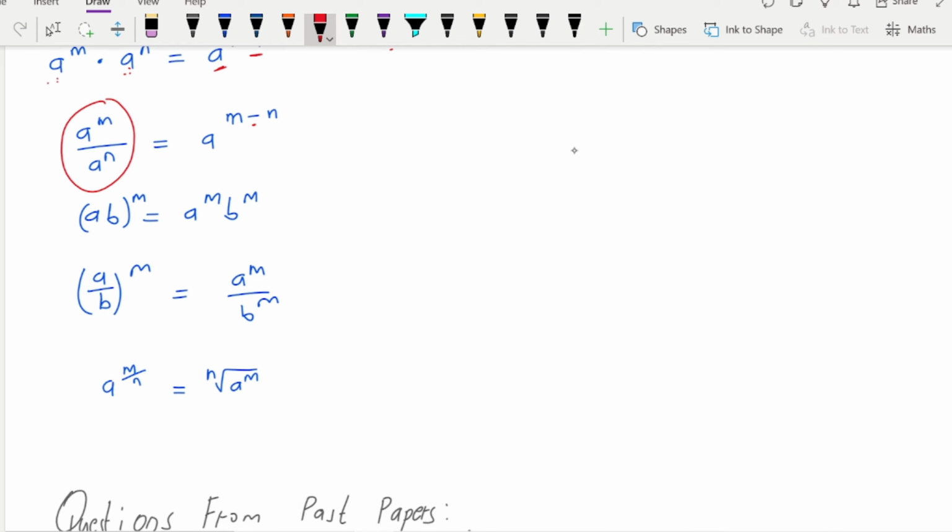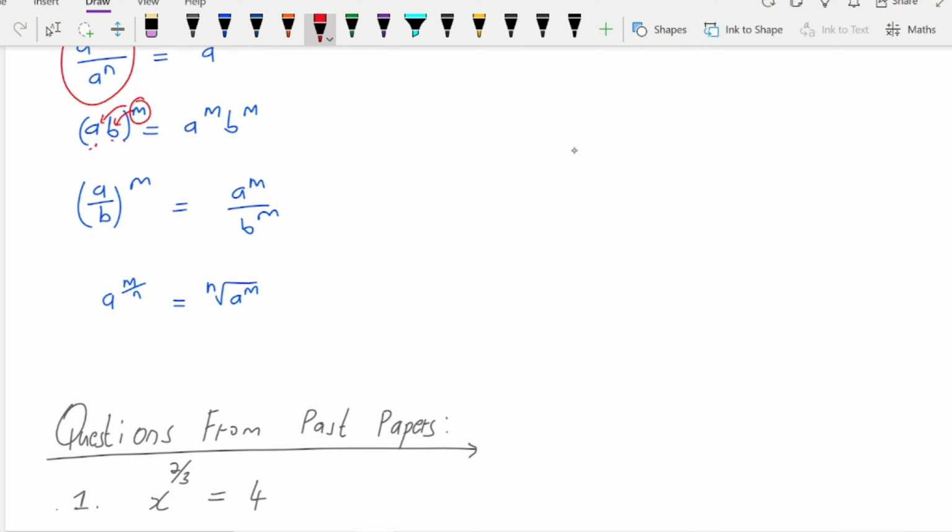And then the next rule simply says that if we have a product of two variables all raised to a certain exponent, it's the same as distributing the exponent to the individual variables. Then the next rule is the same as the previous rule, but this time you distribute it to the numerator and the denominator, but it works the same.